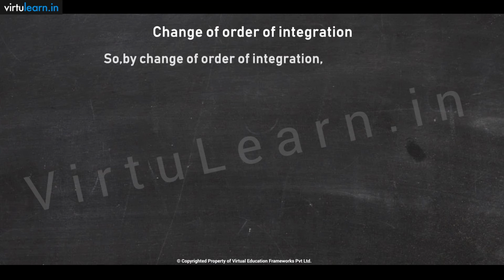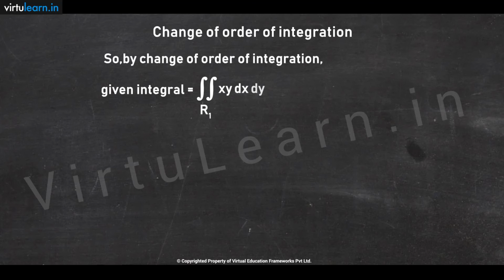So when you change the order of integration in this problem, the given integral is to be written as the sum of two integrals. One is over the region R1 and the other is over the region R2. So integral over R1 xy dx dy plus integral over R2 xy dx dy.